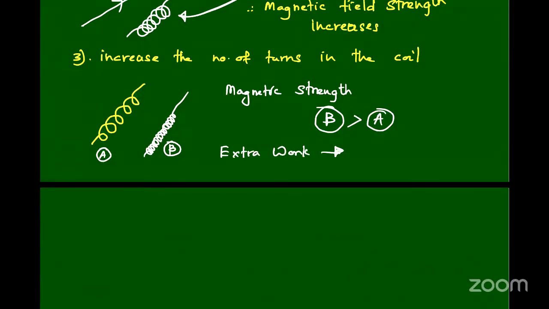You need to know how this electromagnetism is used in day-to-day operations, right? So here, the first one is the electric bell, and the second one is the circuit breaker.